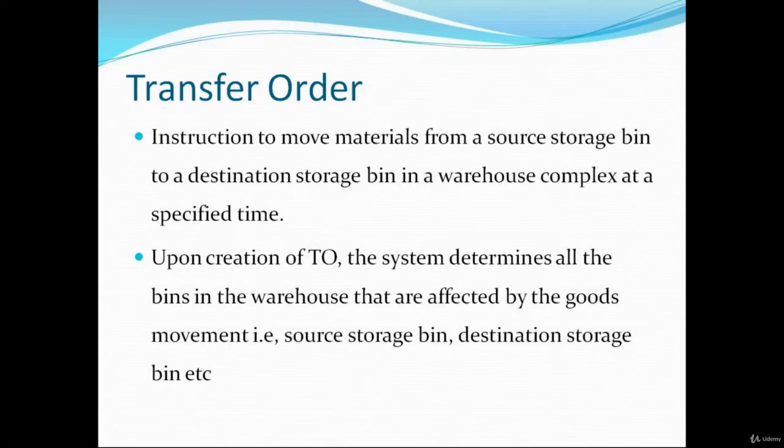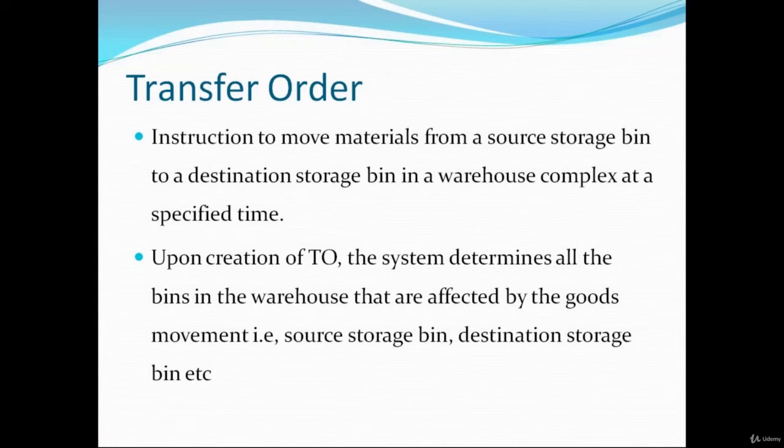So in a nutshell, a transfer order can be created in three ways. One is manually by using the transaction codes. Second one is immediate. In immediate, the system will try to create the transfer order after the previous posting in warehouse management is completed. That configuration is present in SPRO, Logistics Execution, Warehouse Management, Interfaces, and in the table that links warehouse management and the reference movement type, there is a selection box where we need to define the immediate TO creation.